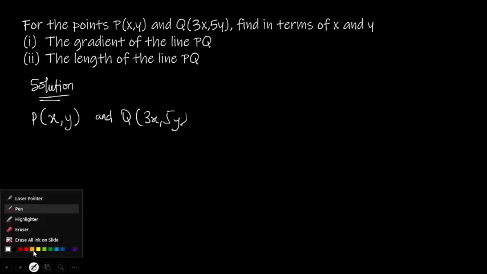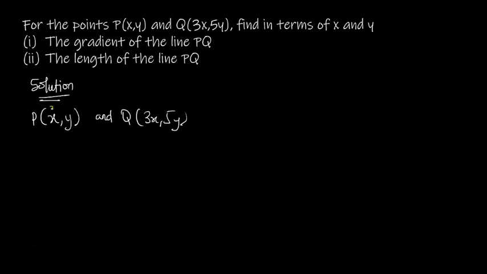Okay, so as usual, I will always write my x1, y1, x2, y2 over here for ease of calculation. Then I can go ahead and say I, the gradient of the line PQ, which is m of PQ, will be equal to y2 minus y1 on x2 minus x1.